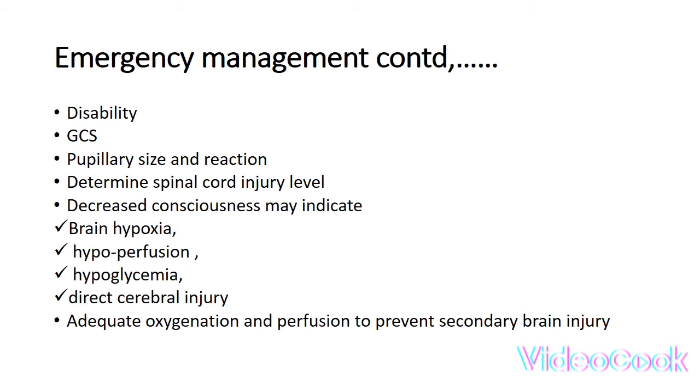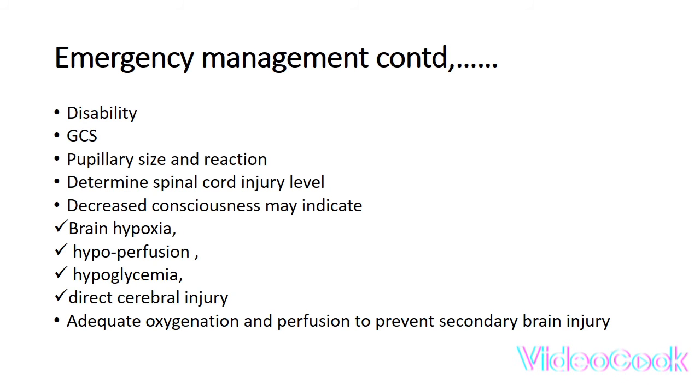At emergency also, we have to look at disability, where we see the GCS of the patient as I mentioned. We look at the pupillary size and the reaction, whether they are reacting equally on the right and left.